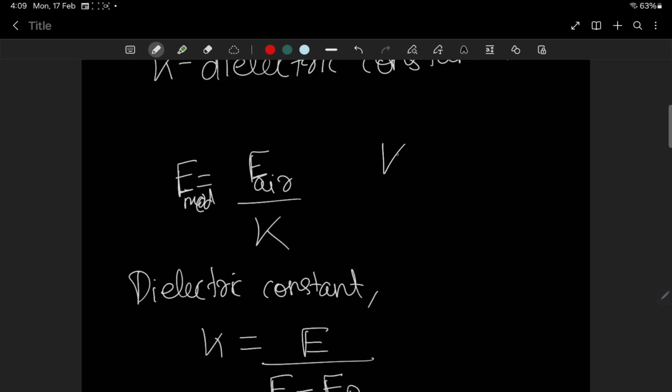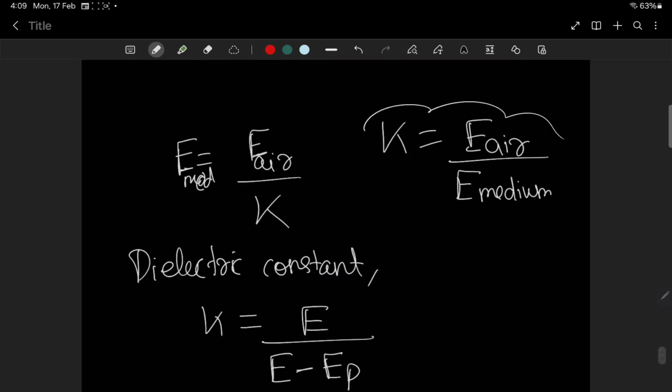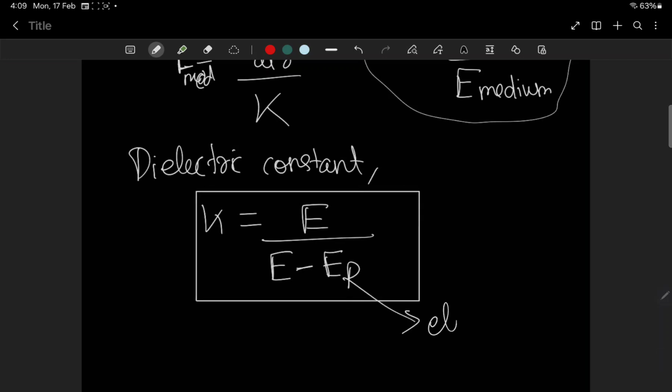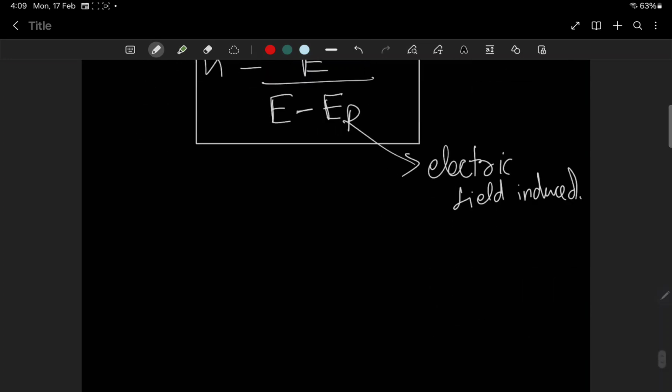Look, K equals E air, that is the normal electric field, by E medium. E medium is E air by K. Yes. So this is what they have written here: E minus EP. EP is the electric field induced due to the polarization.